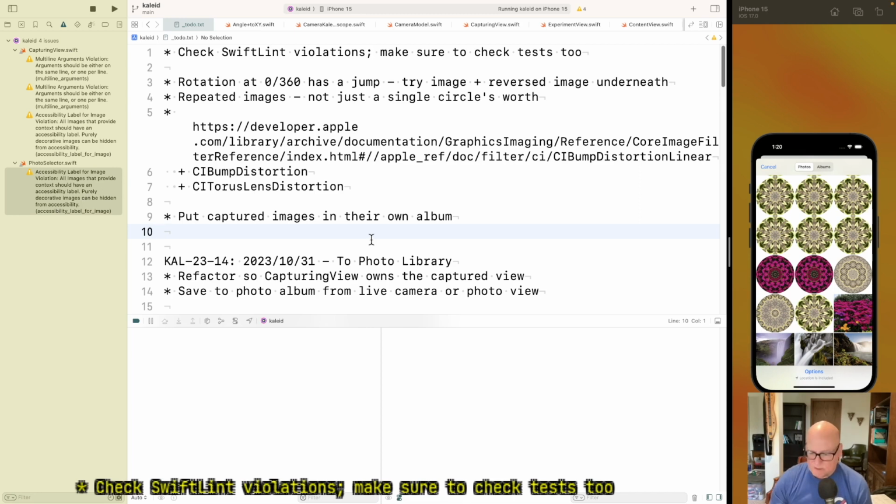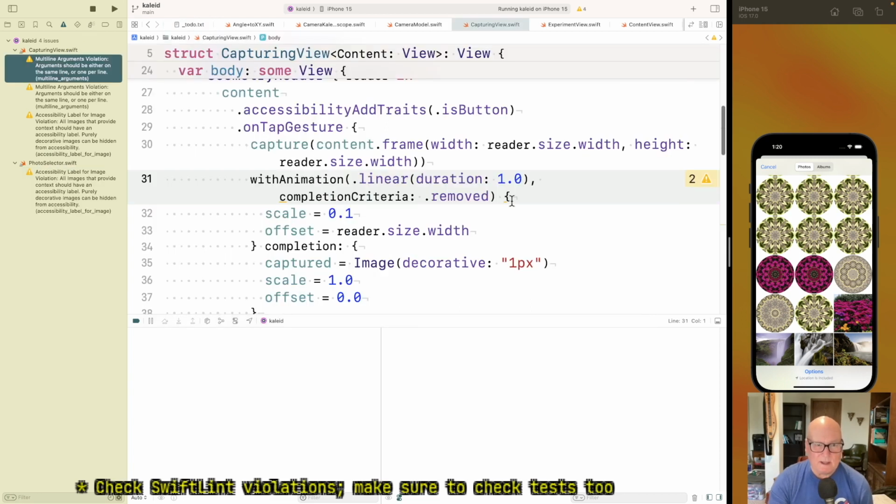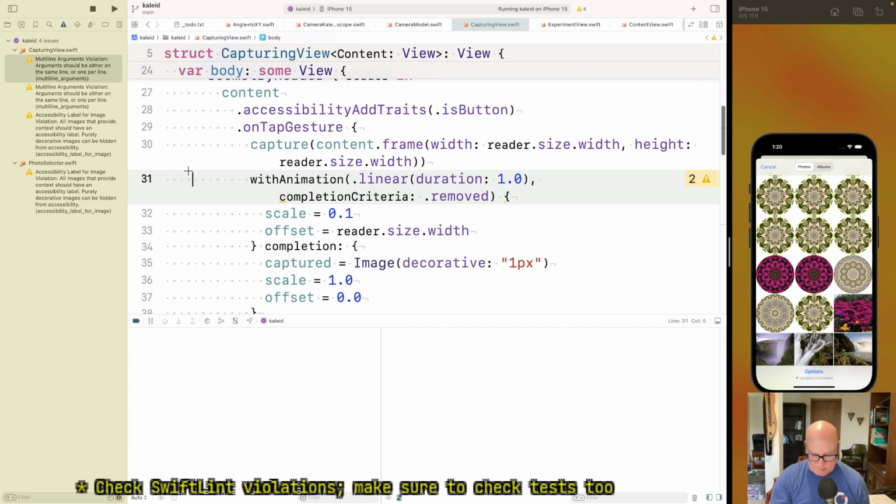I think it'll be reasonably obvious that the accessibility ones don't matter. And then this one I consider a bug in SwiftLint, that it doesn't understand the multiple closure arguments can be outside the parentheses. Okay, so let's push this.